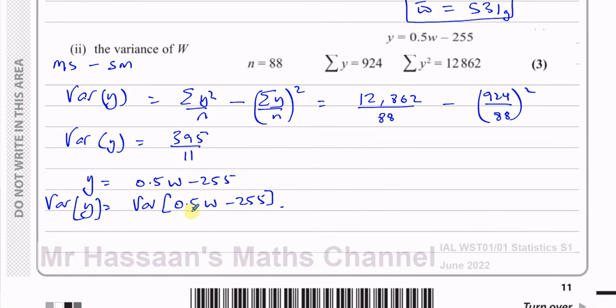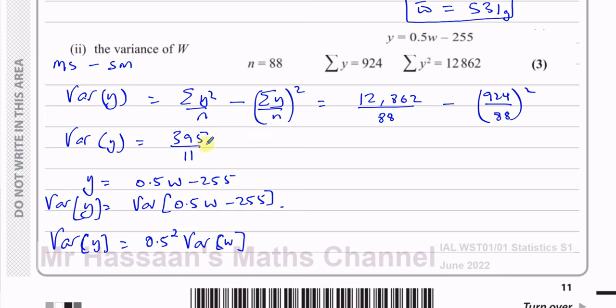So when we are dealing with something like this, we can say that the variance of y is equal to, now I can ignore the minus 255 part, and I can take the 0.5 part. Because the variance is the square of the standard deviation, I'm going to square the 0.5, and this is times the variance of w. What we have to find is the variance of w.